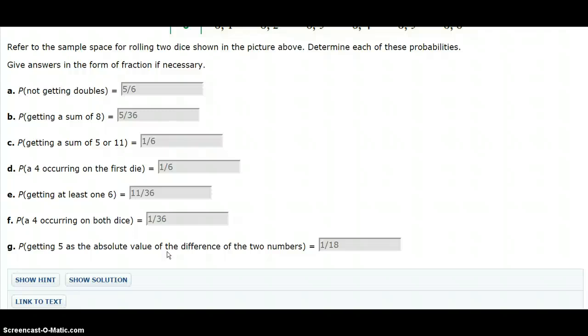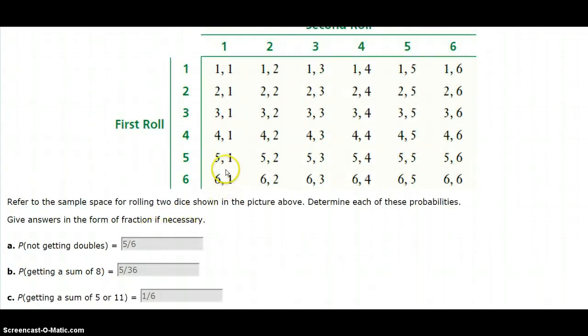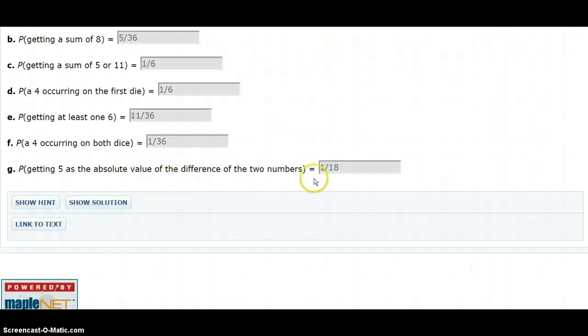So really the only thing we can get is a 1 and a 6. 1 minus 6, 6 minus 1 would both give us, when we take the absolute value, a 5. And of course there's two of those. There's the 6, 1 and the 1, 6. Those are the only two that if you subtract the two numbers, you're going to get either 5 or -5. And so 2 out of 36 or 1 out of 18.